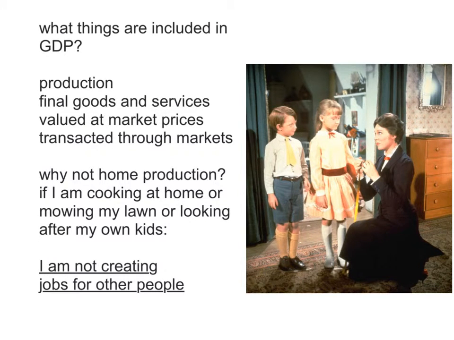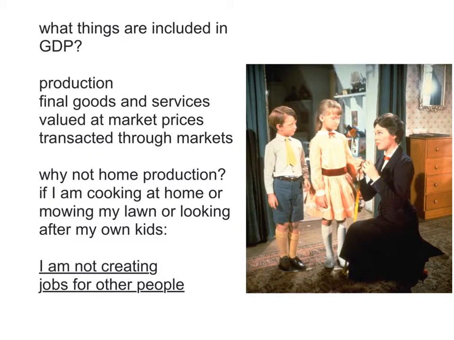So, what things are included in GDP? Production of consumption goods, investment goods, and services. Every time I say goods, I mean services as well. Okay, production of consumption goods, investment goods, government goods, and exports. We are only counting final goods and services.